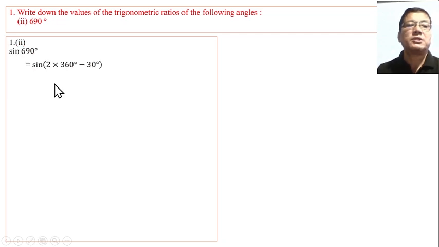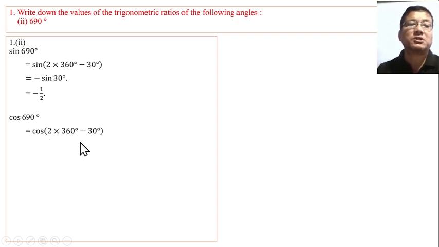Sine of 690 is minus sine 30 degrees, which is minus half, since sine is negative in the fourth quadrant. For 2 times 360 degrees minus theta, 360 is 4 times 90, an even multiple of 90, so cos stays cos and the quadrant rule applies.